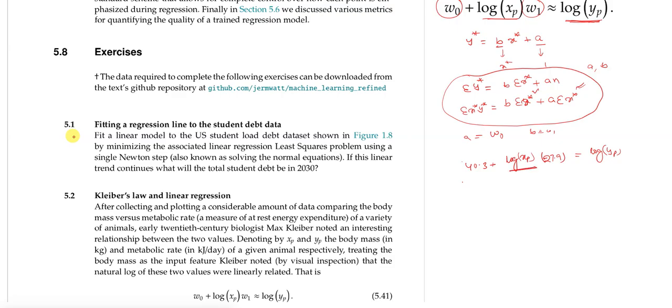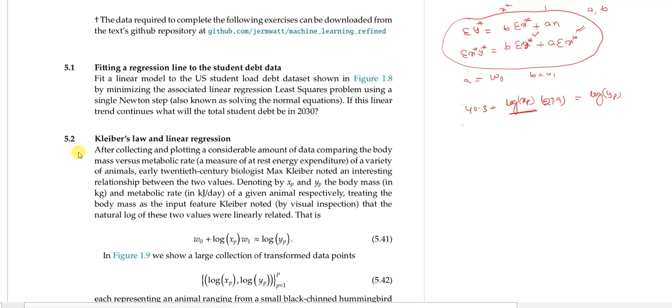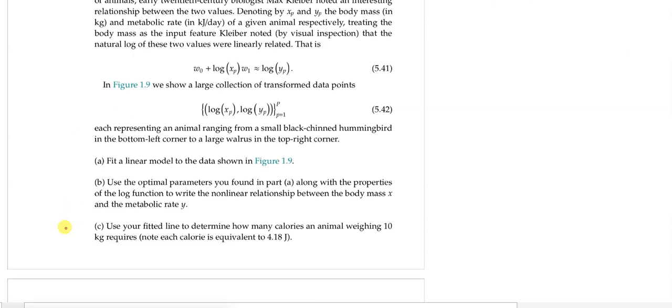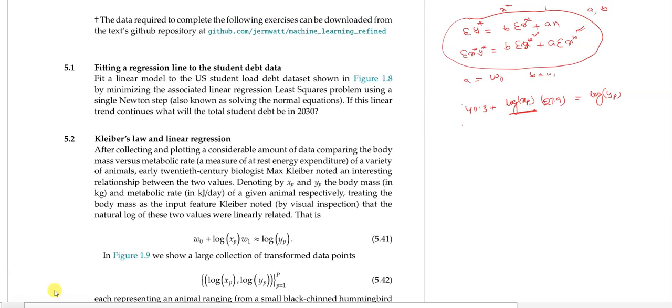Now this input is given to you already. What is the input here? Weighing 10 kg. So plugging 10 kg here, 40.3 plus log 10 times 27.9 equals log yp. Like this you may compute that.